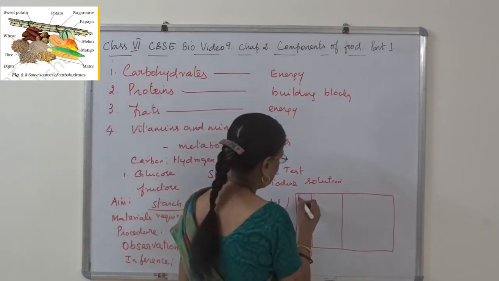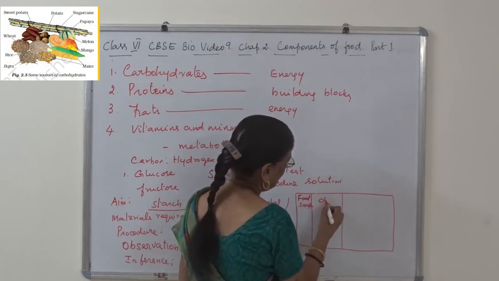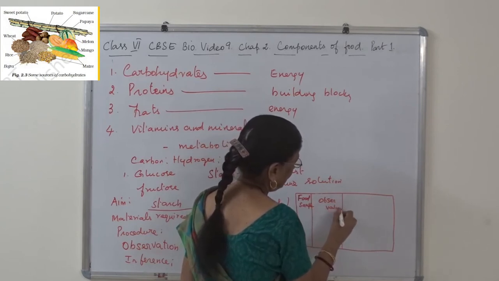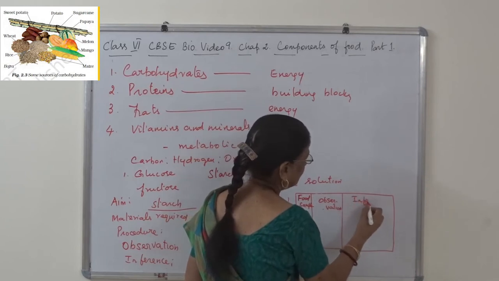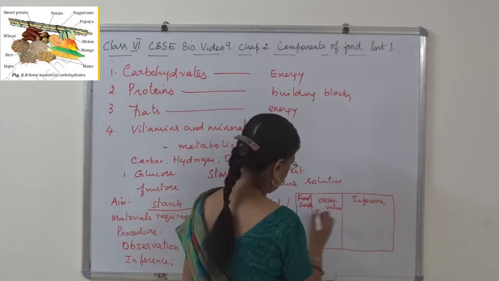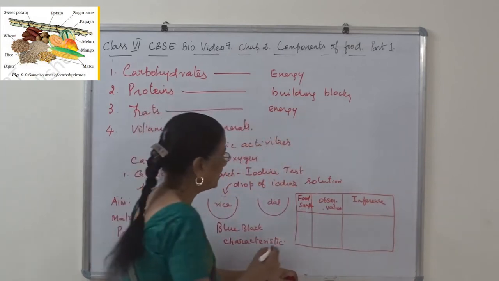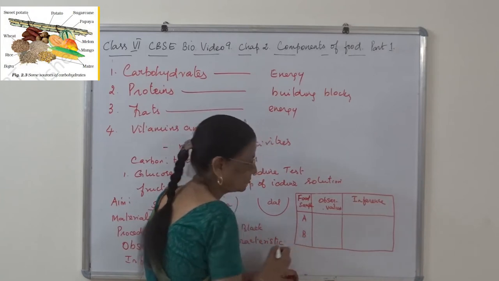First column, food sample. Here, observation. Here, observation and inference. Okay, you get a tabular column like this, with food sample A and food sample B.